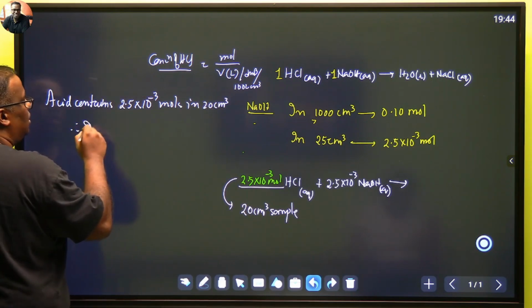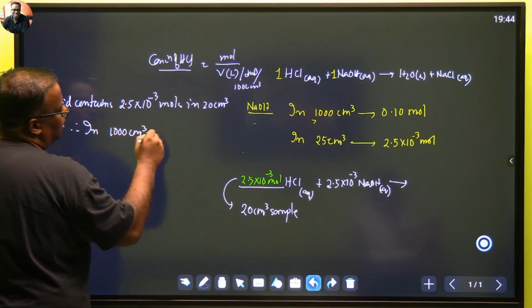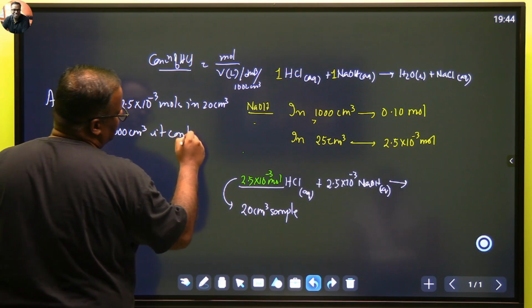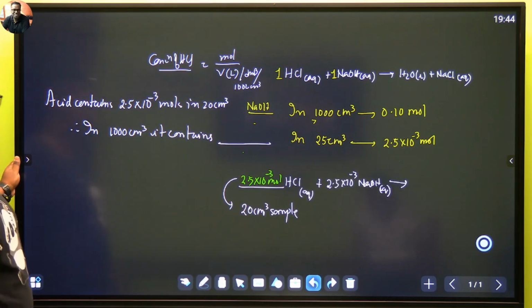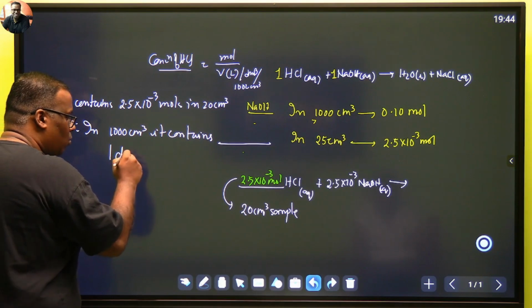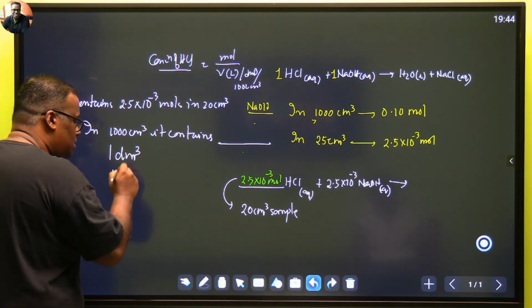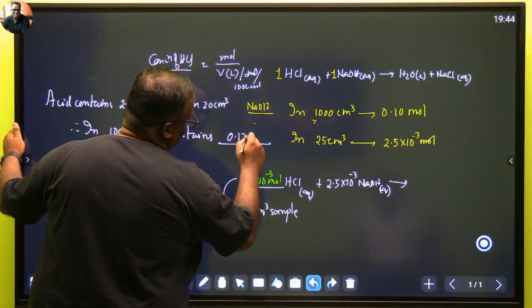Therefore, in 1000 centimeter cube, it contains, get me this figure. And 1000 centimeter cube is the same as 1 dm cube, the same as 1 liter. How much does it contain? 0.125.